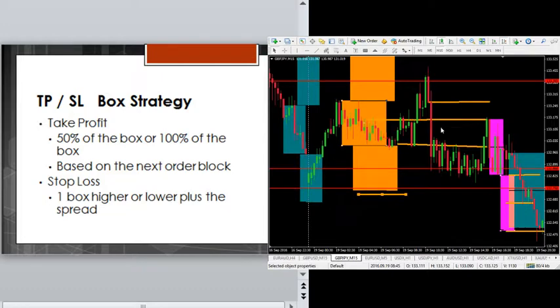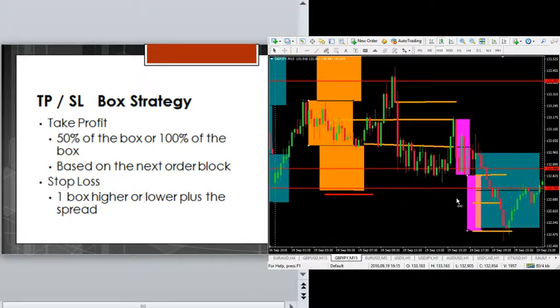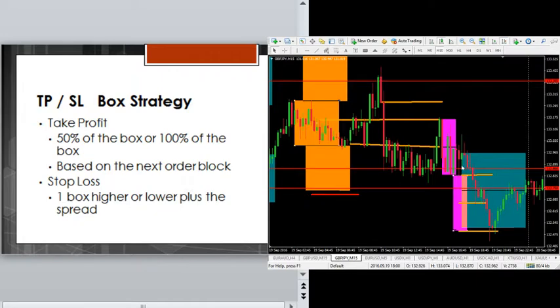This will be your SL. Or for this situation, since it's a sell-off, it broke on the second box down of the New York box. So we are putting our stop loss on this level.